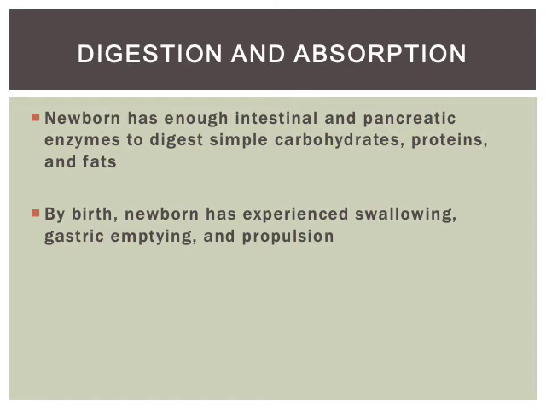So the full-term newborn has enough intestinal and pancreatic enzymes to digest simple carbohydrates, proteins, and fats. Lactose is the primary carbohydrate in the breastfeeding newborn and is generally easily digested and well absorbed.